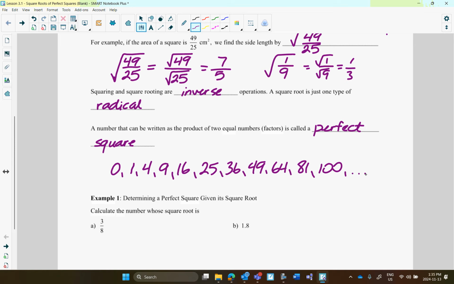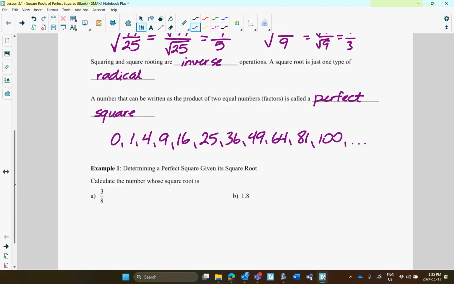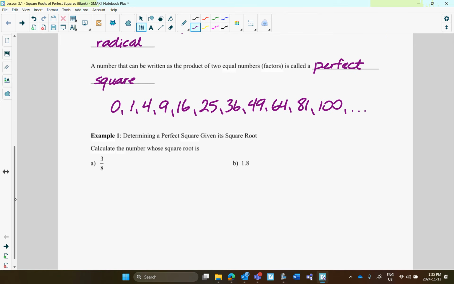Okay, let's do a couple of examples. Let's talk about square roots and perfect squares. So you're going to have to think about this question. Calculate a number that when you take the square root, you get 3 over 8.